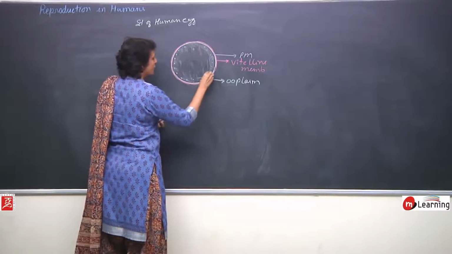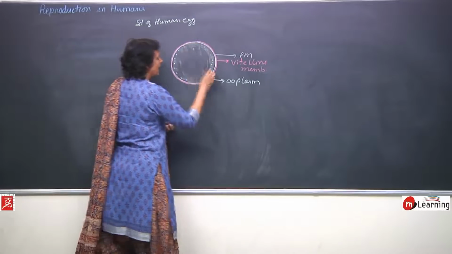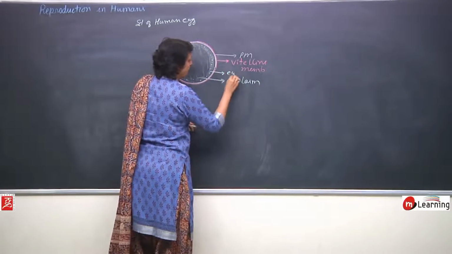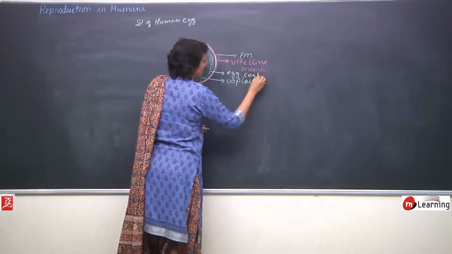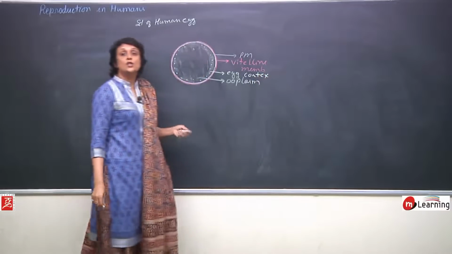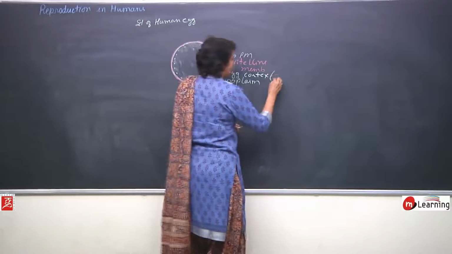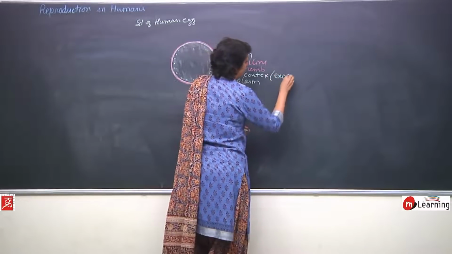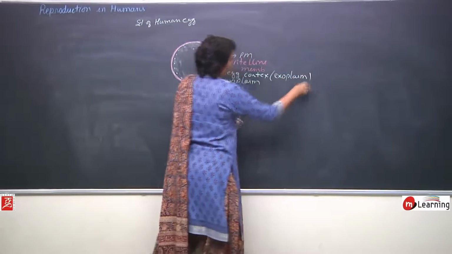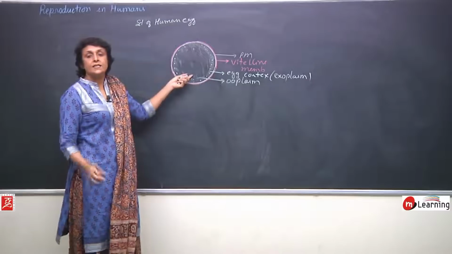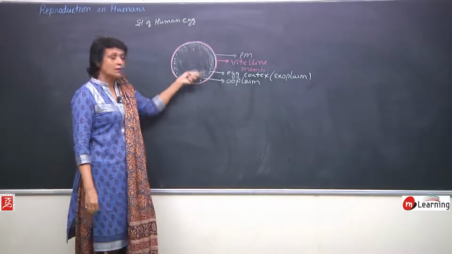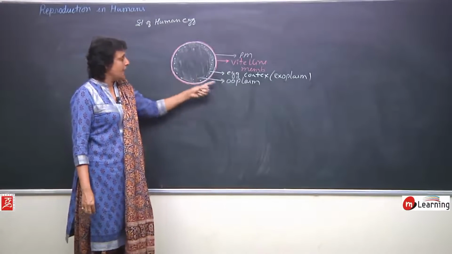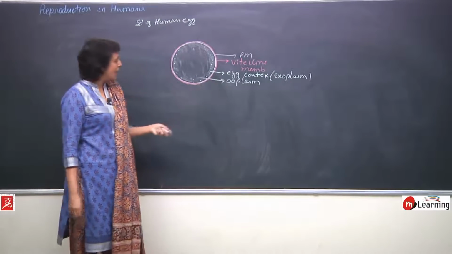There are granules here. This is known as the egg cortex or exoplasm. And the inner one is smoother, without granules, and is known as ooplasm or endoplasm.